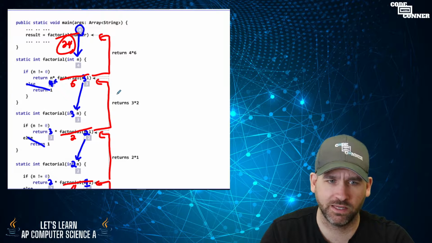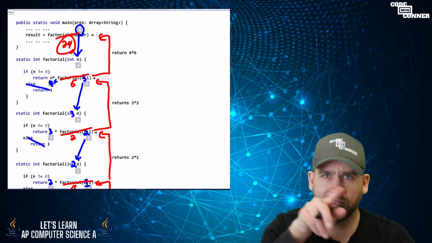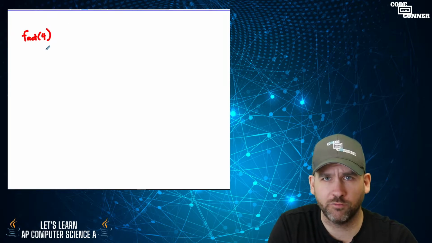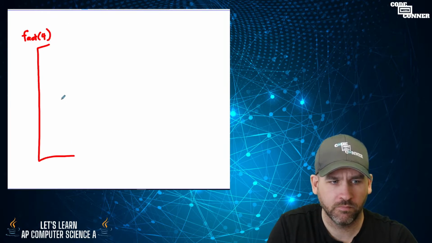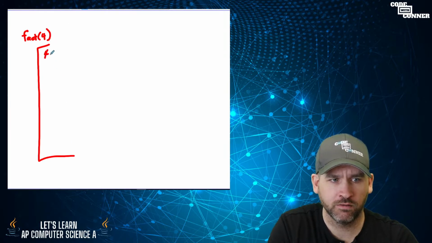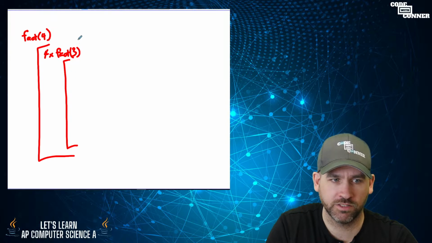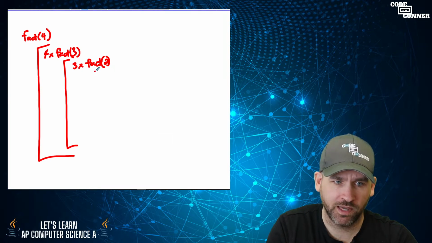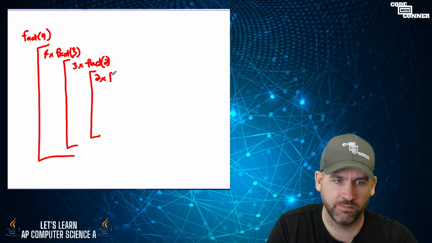Some people like to think of it kind of like nested, like square bracket style. I'll show you that as well. So when we call factorial 4, it does 4 times fact 3. Fact 3 goes again, which is 3 times fact 2, which runs its code, which gives it 2 times fact 1.